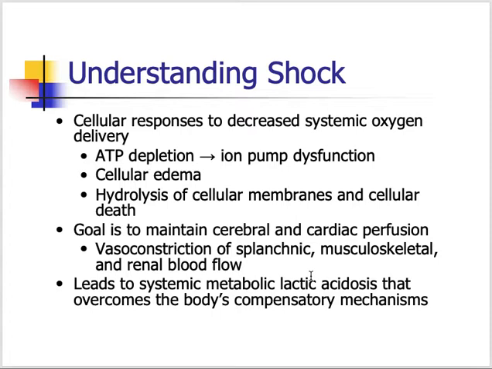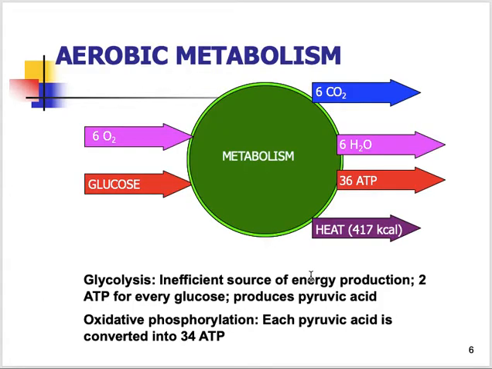But as we know, whenever the cells don't get enough oxygen, they switch to anaerobic metabolism. Normally, when they are getting oxygen, the metabolism going on is the aerobic one, as you can see over here. 6 carbon dioxide, 6 water, 36 ATPs are formed and heat is released, right?